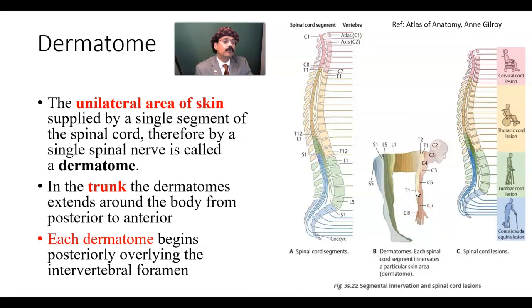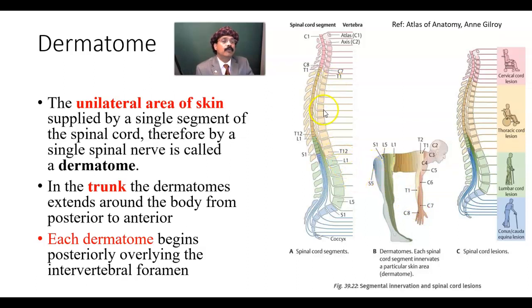Then again T1, and very close to the axilla we get T2. C6 is coming to the thumb area. And the perineal area dermatome should be S2, S3, S4.